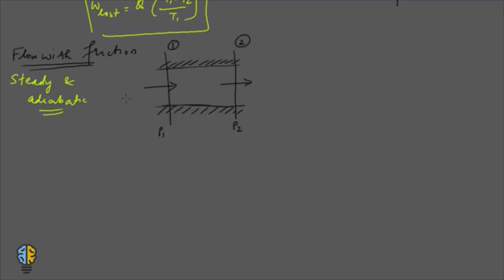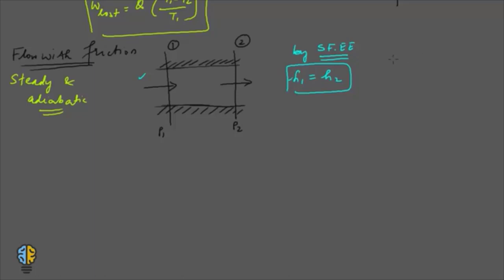Now if you apply the first law, by the application of the steady flow energy equation, the enthalpy at section 1 would be equal to the enthalpy at section 2. So this would be your SFE for this particular application, isn't it?